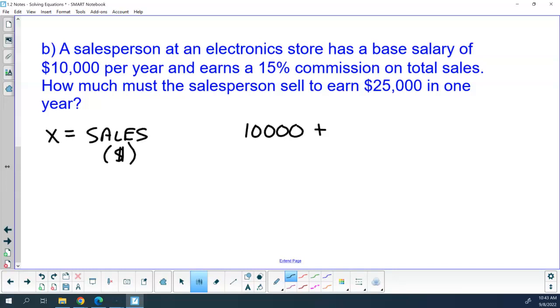And then to that, he gets commissions. So 15%, and got to convert that to a decimal, 0.15. So that's 0.15 of X. And they want to know how much to get 25,000. Subtract 10,000.